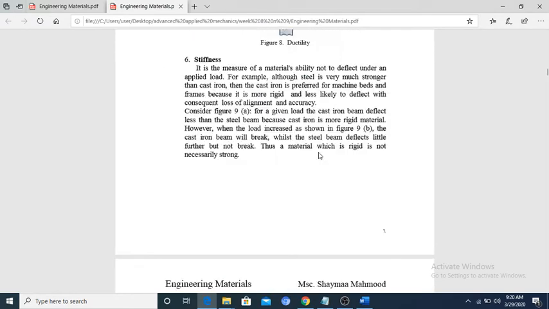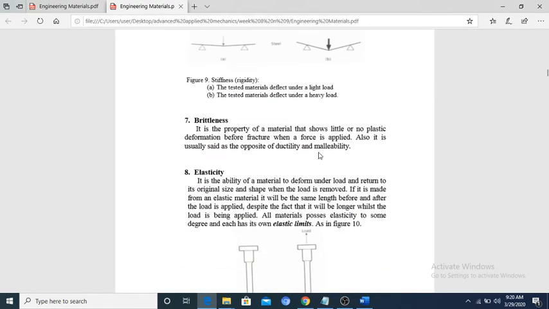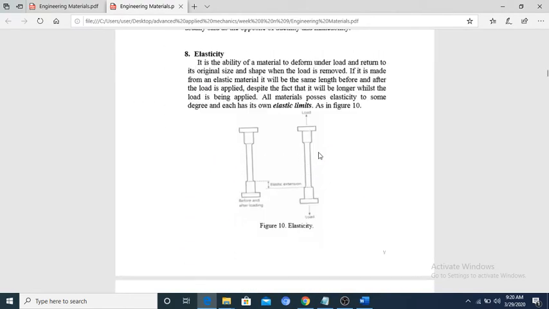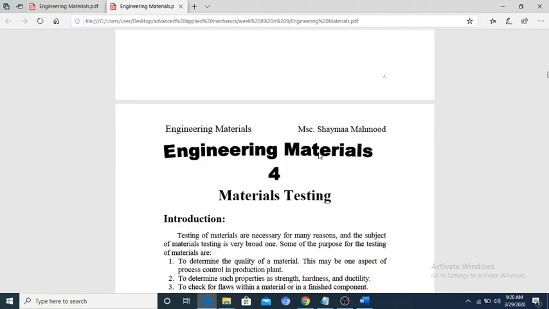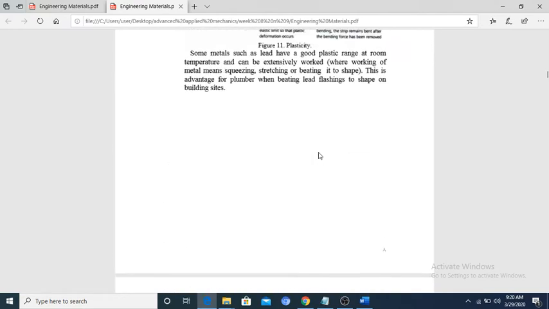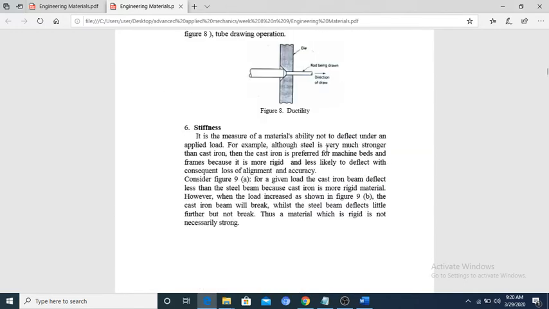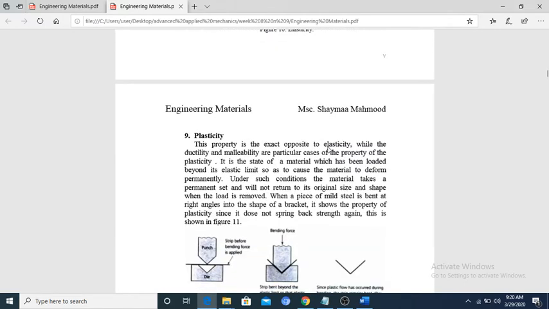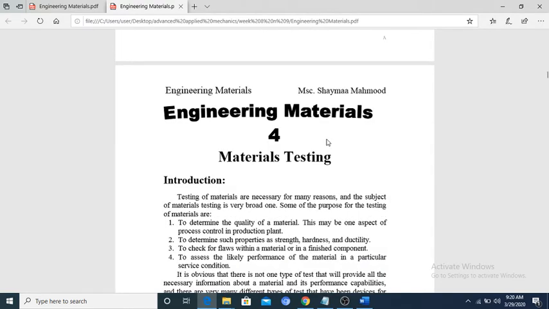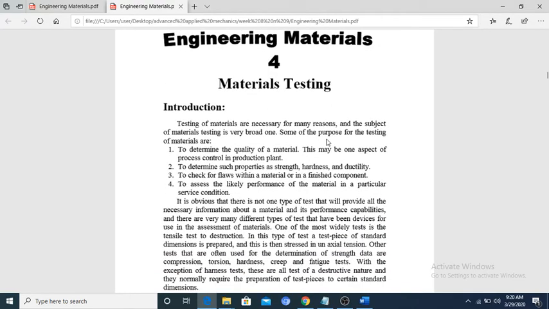Ductility, stiffness, brittleness, elasticity, plasticity. So that's the parts for this chapter. Okay, then you can continue with material testing.